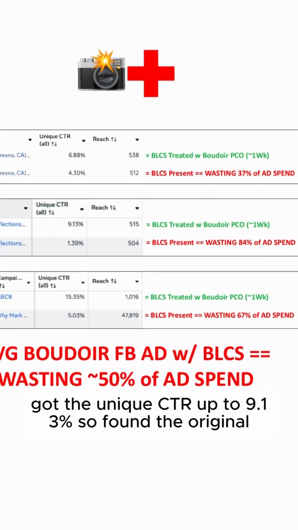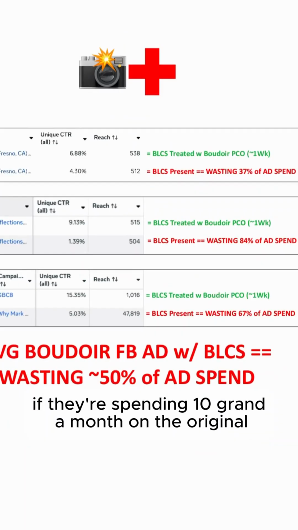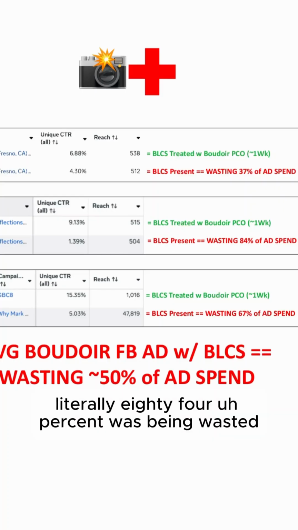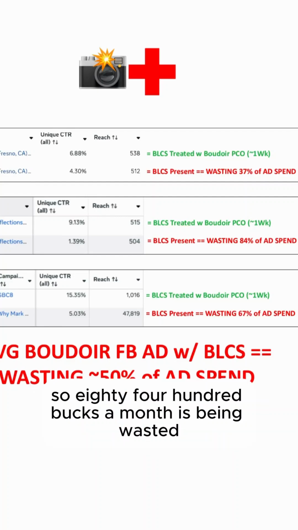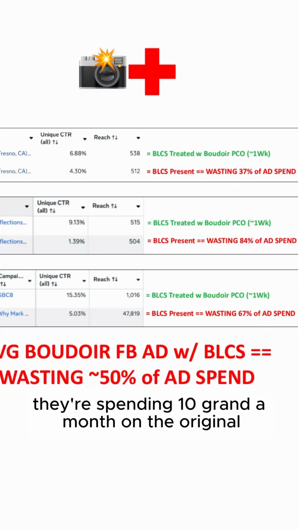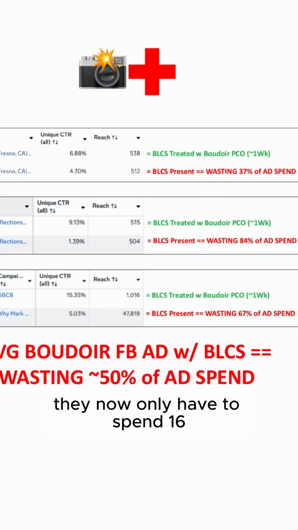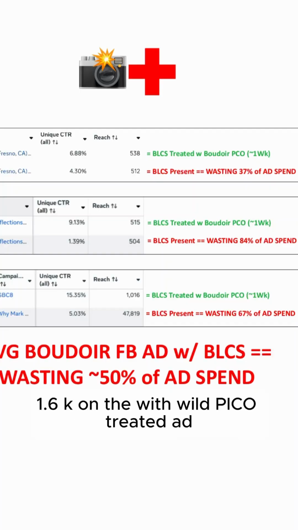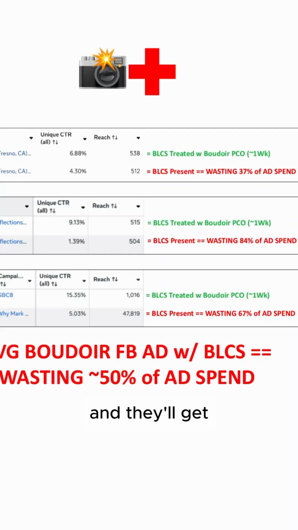So found the original, if they're spending 10 grand a month on the original Boudoir Facebook ad, it was wasting literally 84 percent. So 8,400 bucks a month is being wasted. So they're spending 10 grand a month on the original, they now only have to spend 1.6K, from 10K to 1.6K, on the Boudoir PICO treated ad, and they'll get that into the same number of women's brains in both scenarios.